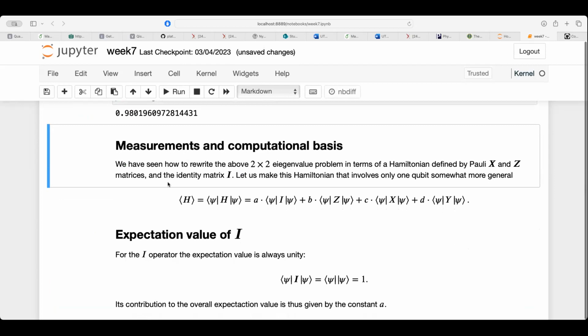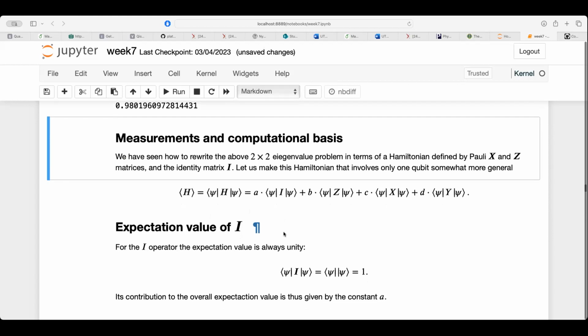And when we now look at this measurement, what we need to do when we are setting up the code is actually to change the Hamiltonian. So what you have here is a kind of general Hamiltonian. I'm going to use the slides a little bit in the beginning here. So when you look at a more general Hamiltonian, this is what we want to calculate. And we don't have a Y matrix in our case.